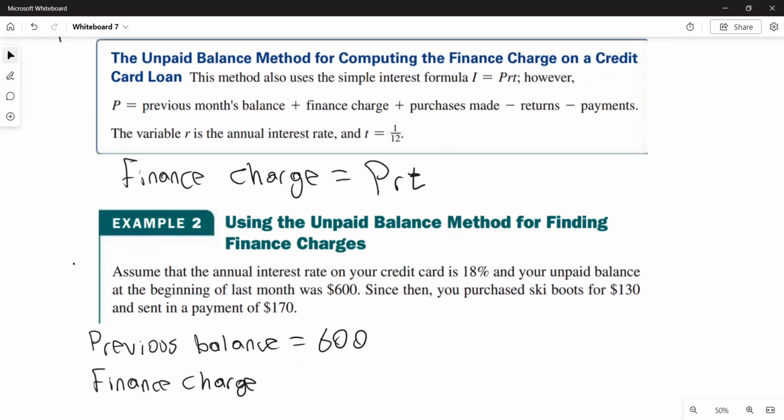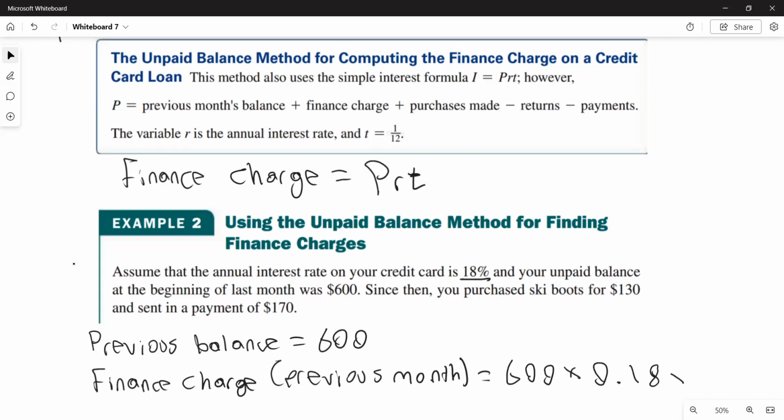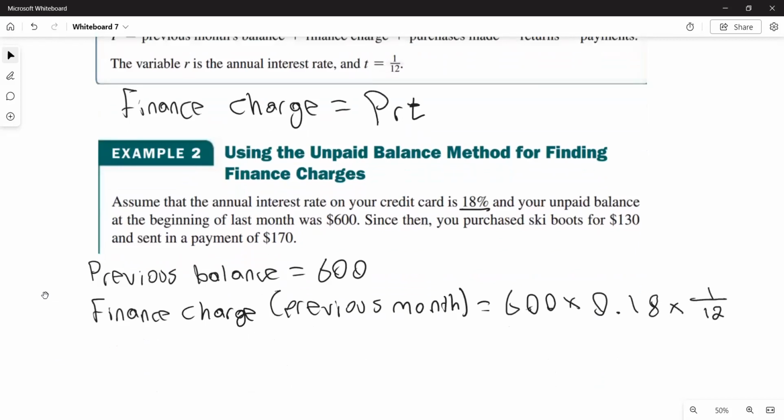The finance charge for the previous month is going to be the previous balance at the beginning of last month times 18% interest times 1/12. That is, 1/12 is the equivalent of 1 month, that fraction of a year. 1 month is 1/12 of a year. So 600 times 0.18 times 1/12 is $9. So that's the finance charge in the previous month.